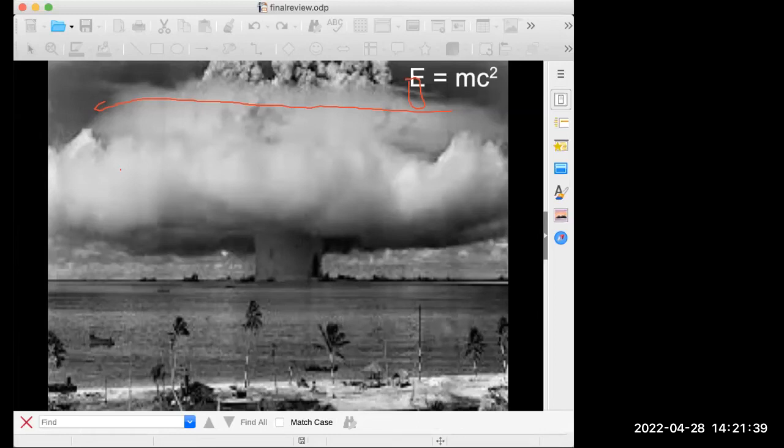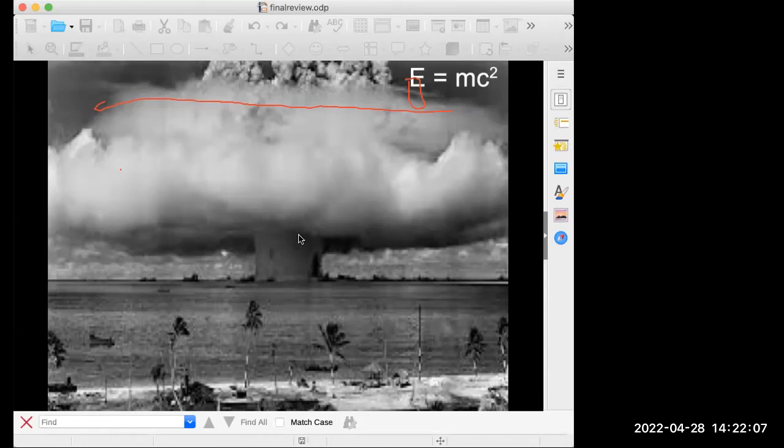And that's famously true in nuclear reactions, nuclear power, nuclear bombs. In a nuclear bomb, what's happening is that you're turning some of the mass energy of the atoms and molecules in the bomb into thermal heat energy. So the products of the nuclear reaction have less mass than the parents in the nuclear reaction.